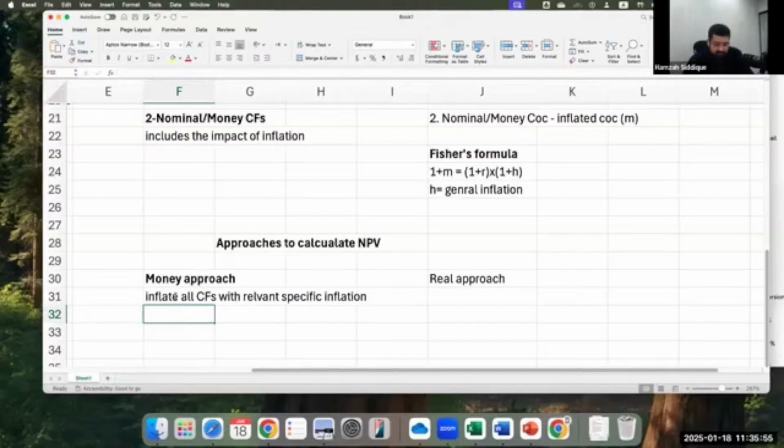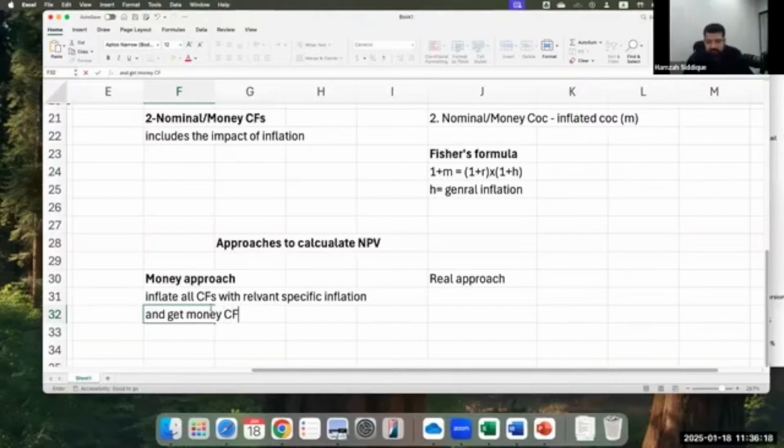So the point is, money cost of capital. Inflate all cash flows with that and get money cash flows.